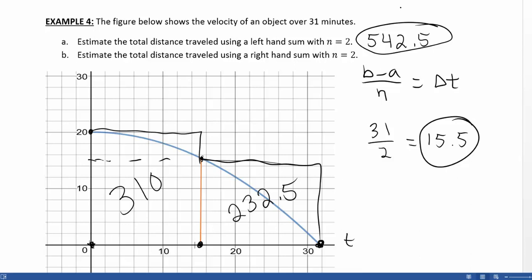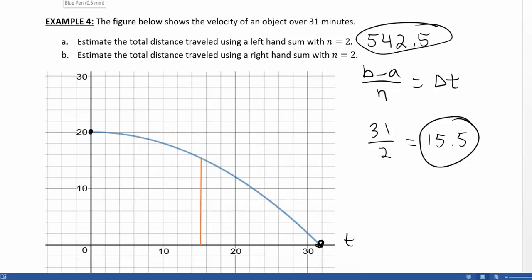Let's see what happens when we use the same method to look for a right-hand sum. So now, when I'm looking for a right-hand estimate, that means that I'm going to use the height based on my right point between the 2 points to figure out the areas of my rectangles. So again, my first interval is 0 to 15.5. So I'm going to pick the height at 15.5 to draw in my rectangle, right? Because again, I need the right-hand corner to touch my function.